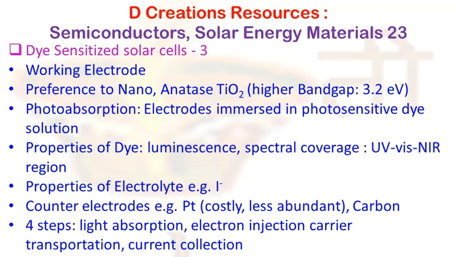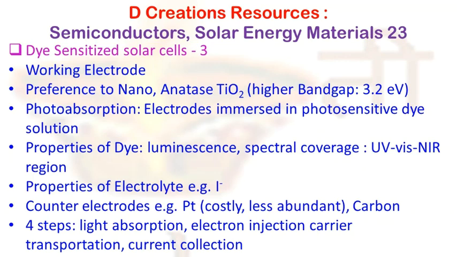And so the dye gets oxidized. Now these injected electrons are transported between TiO2 nanoparticles and diffused towards the back contact. What is the back contact? It's the TCO, transparent conducting oxide. Through the external circuit, electrons reach the counter electrode. Now the electrons at the counter electrode reduce I3 minus to I minus.